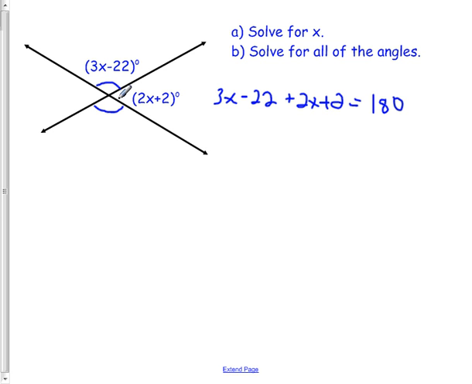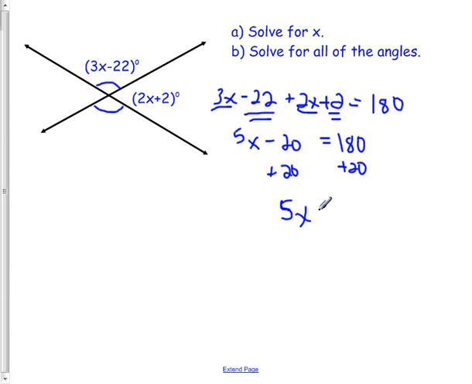Okay, so now we just do the algebra, and we should get our answer. So 3x plus 2x, we get 5x. And then minus 22 and plus 2, we get minus 20. So we add 20 to both sides, and we get 5x equals 200, and then divide by 5.